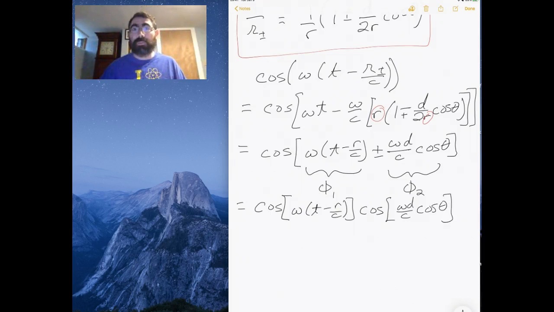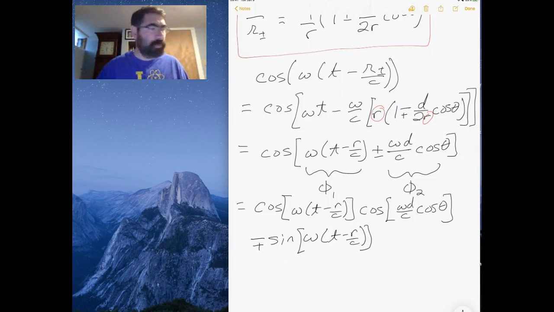So we got this kind of weird function of a cosine inside of a cosine, minus plus sine of omega t minus r over c times the sine of omega d over c cosine theta.